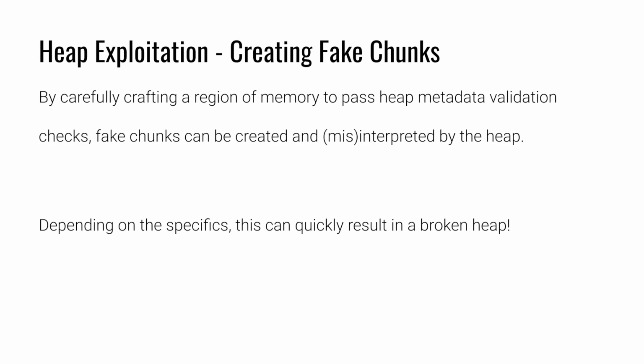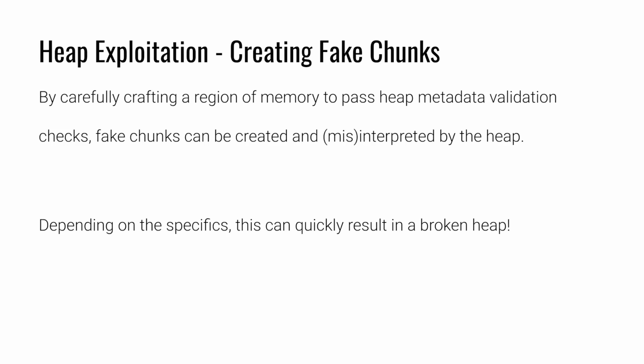So you'd have to write a previous size, possibly. You'd have to write a size. You'd have to write a forward pointer. You'd have to write a backward pointer. You may or may not need to write a forward and backward size pointer, depending upon what part of the heap you're interacting with.